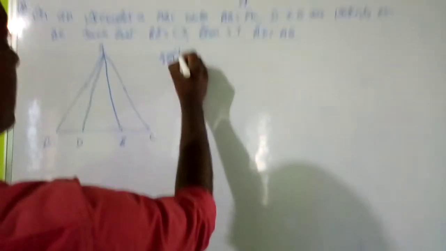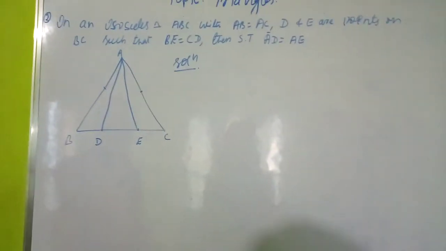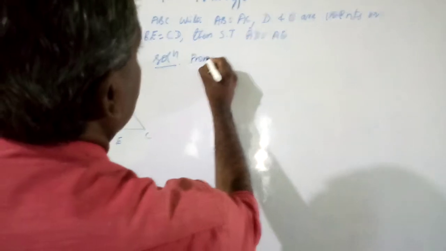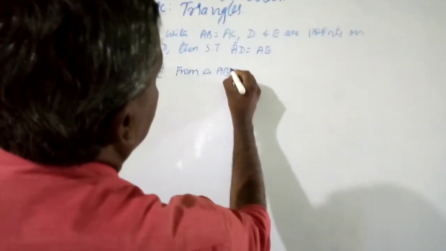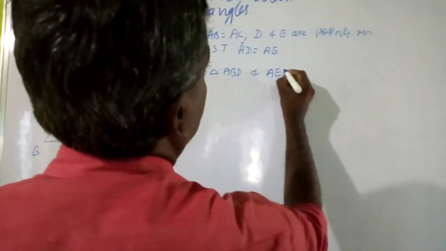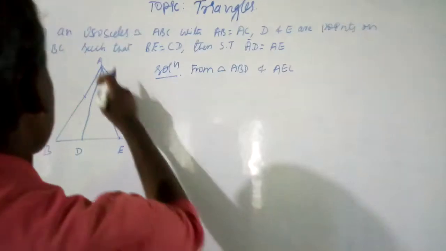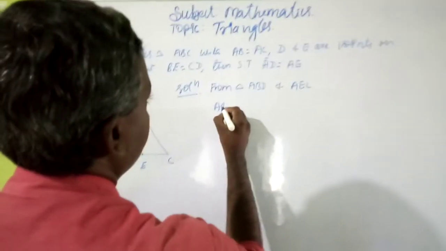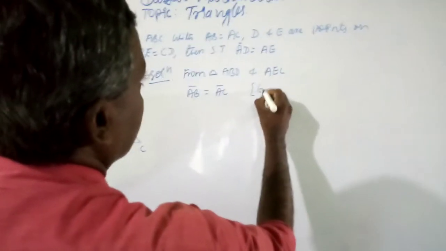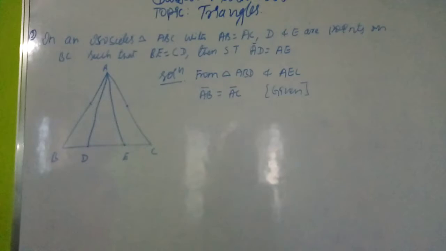Now we can take triangle ABD and triangle AEC. You should take these two triangles to make the comparison. So here AB is equal to AC, already given, because ABC is an isosceles triangle.